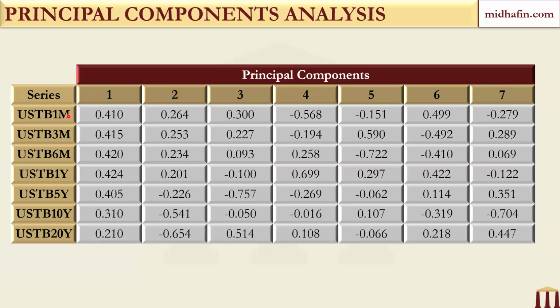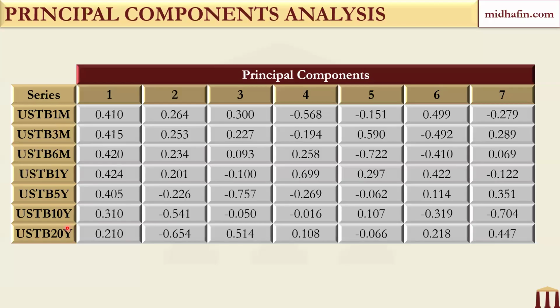So rather than using these 7 factors in your model, you can just use the principal components. PCA will reduce this complex set of correlated yield changes into a few uncorrelated explanatory factors.